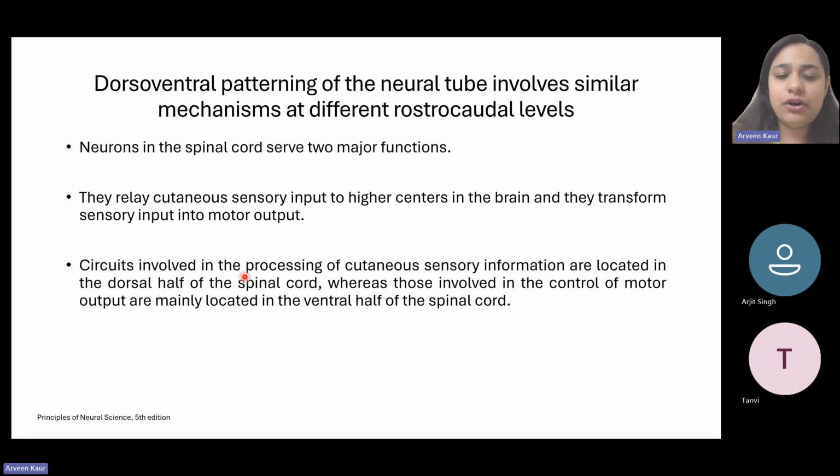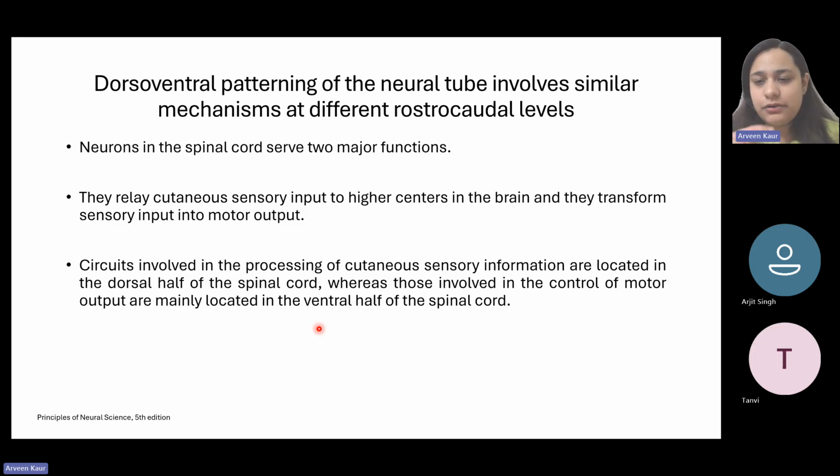Then the circuits involved in processing of cutaneous sensory information are located in the dorsal half of the spinal cord, right? So the neurons receiving sensory input are generally located in the dorsal half of the spinal cord, and those that are involved in motor output are located in the ventral half of the spinal cord, right? So this is interesting now.